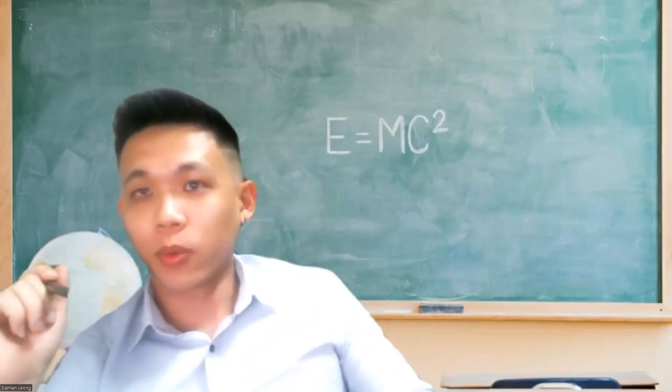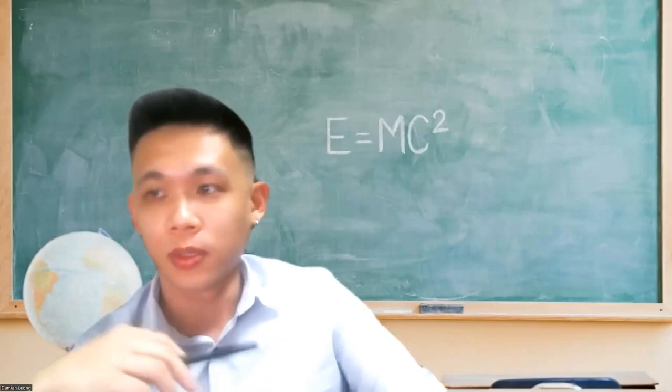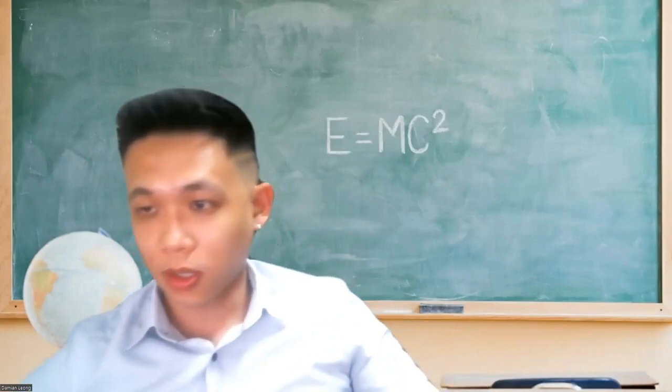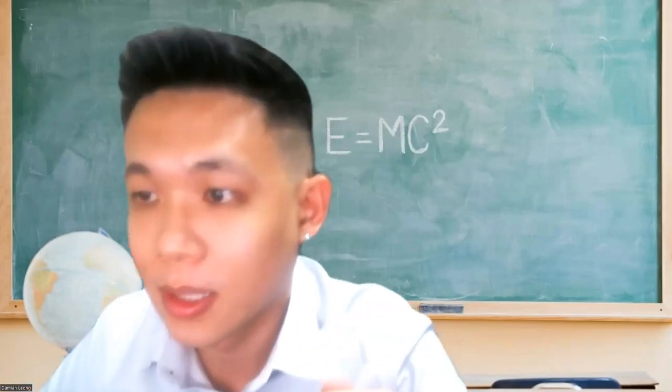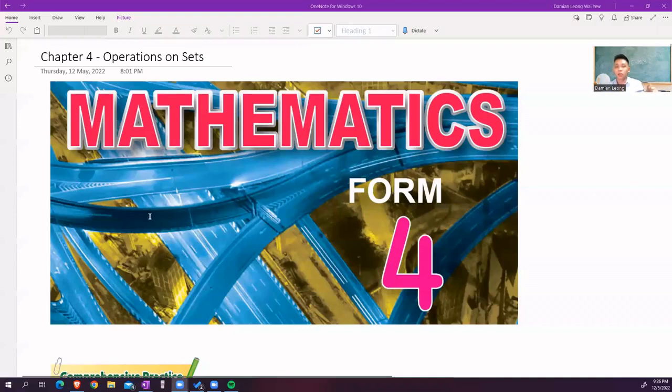Today we're going to go through Chapter 4 of the Form 4 Mathematics. So let's look into the notes. Chapter 4 is operations on sets. Basically it's all about sets.